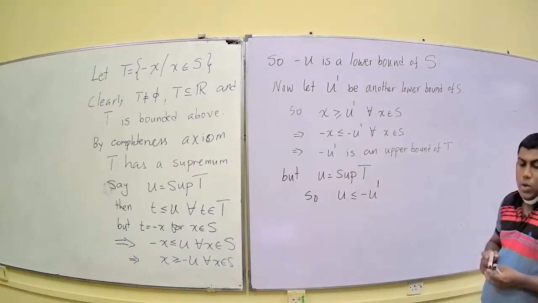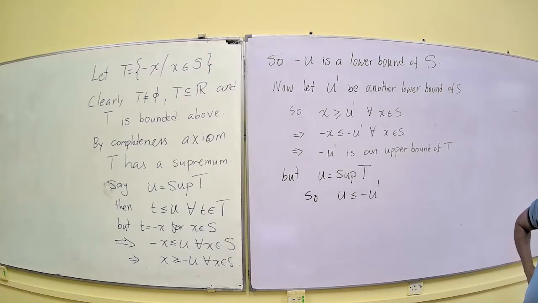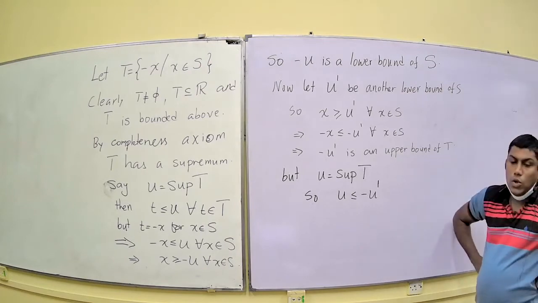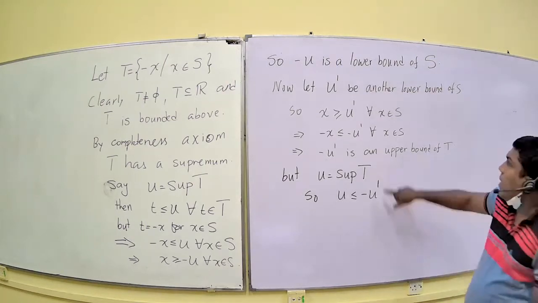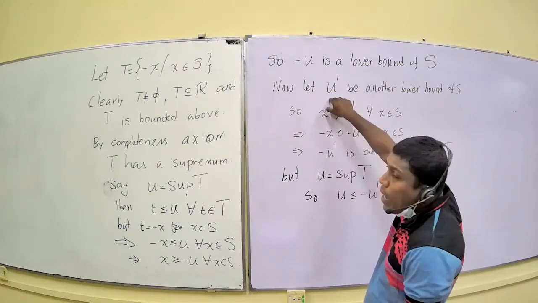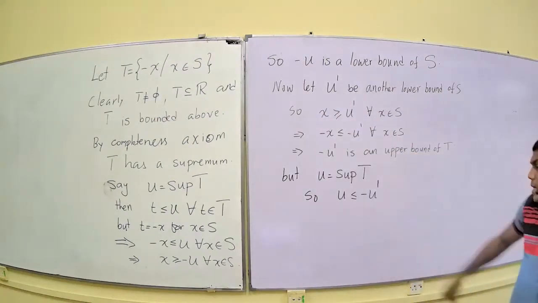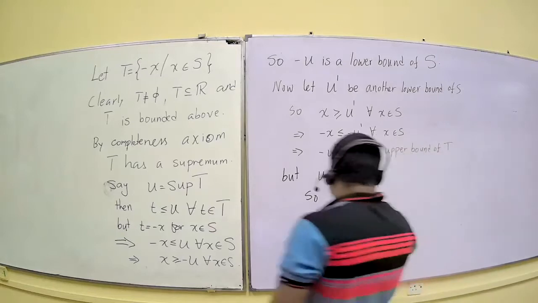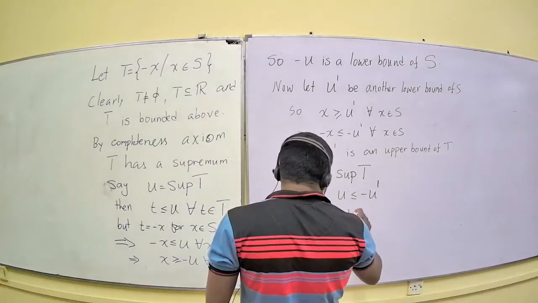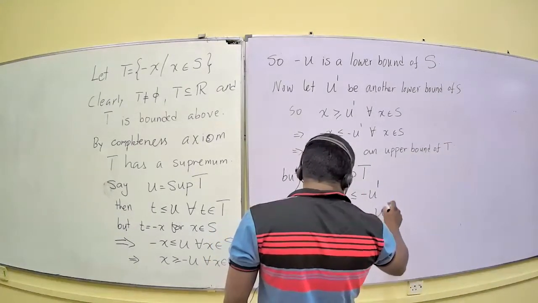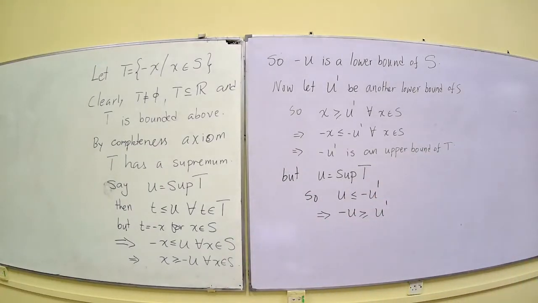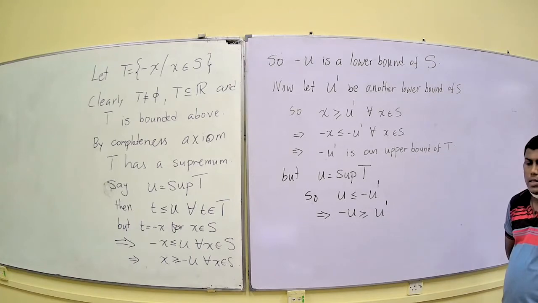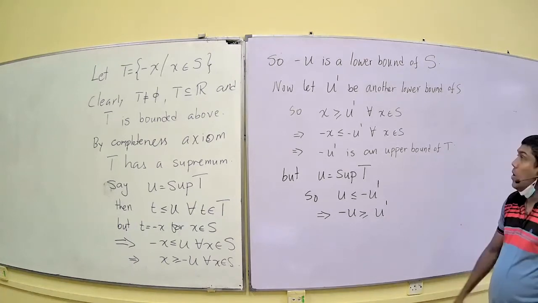So clearly, U is the supremum, minus U dash is an upper bound, so U will be less or equal to minus U dash, right? But we start with U dash, so you want to get plus U dash, so you can multiply by minus. So that means minus U is greater or equal to U dash, right?